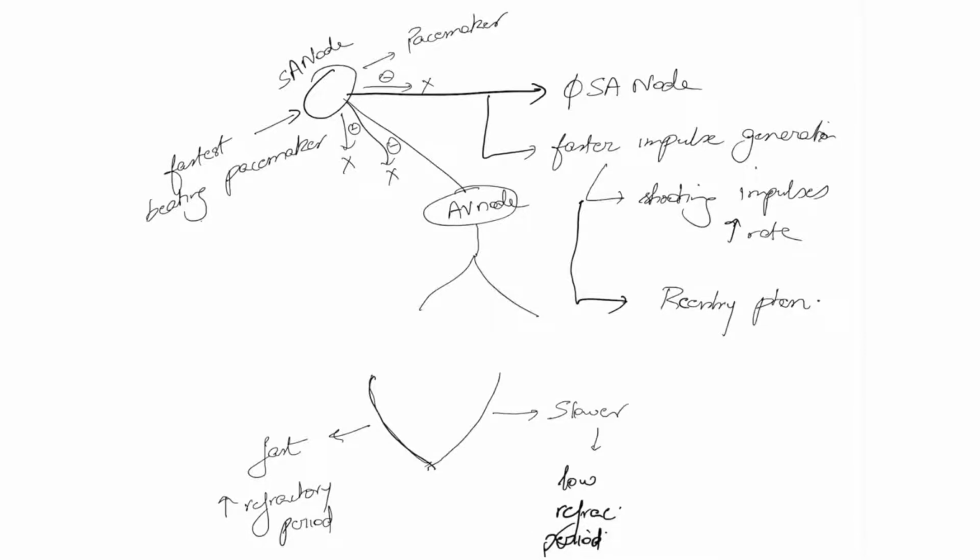When talking about refractory period, we're referring to the phenomenon when a certain cell is in its refractory period, it is resistant to depolarization. So when a cell is in refractory period and an impulse tries to depolarize it, it would resist that and not get depolarized. Let's say the impulse originates in a specific area.